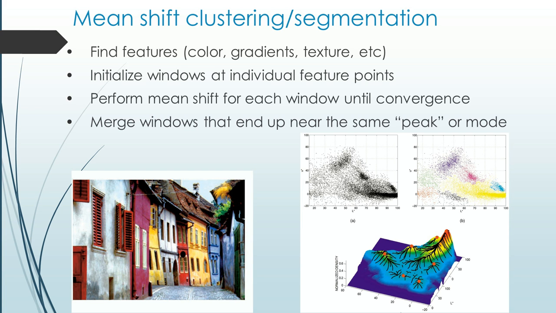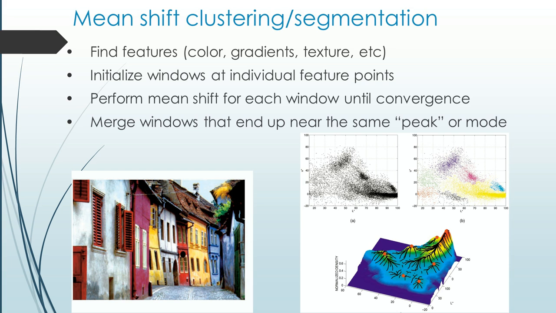of mass. So the actual algorithm can be summarized into the following steps. First, we need to find the features. Whether we define color or different gradients or textures, we can use different features. Then we initialize the windows at individual feature points, and then we perform mean shift for each window until convergence.